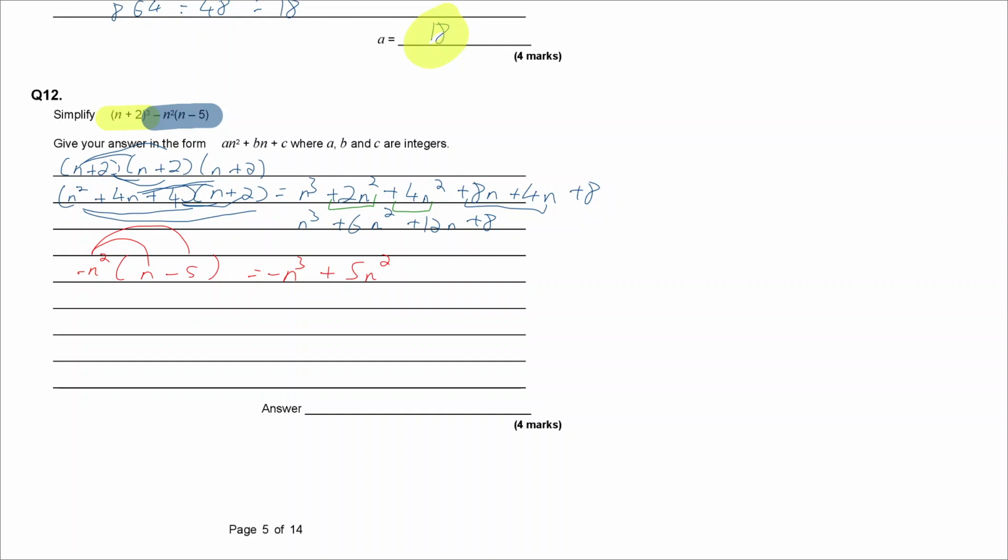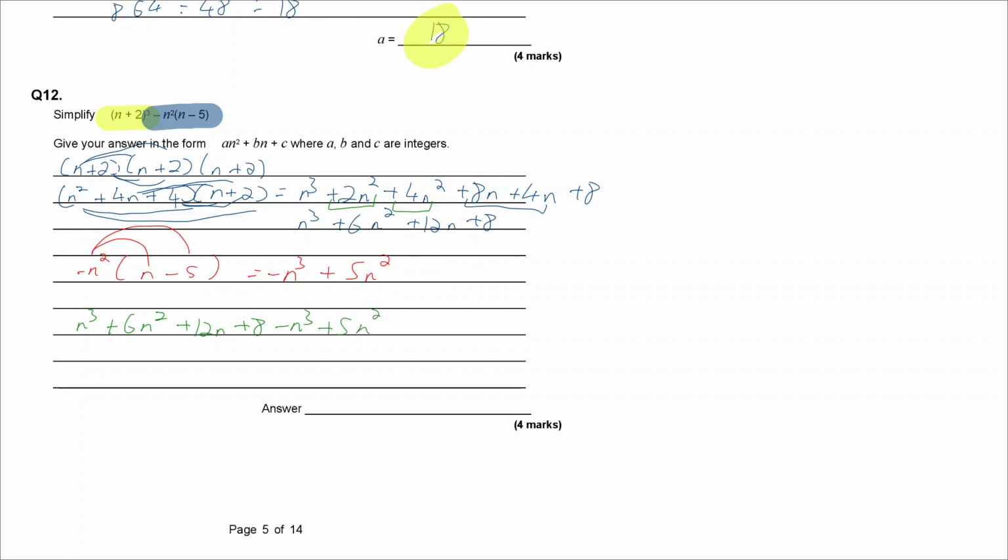So now, if I bring all of this together, including that negative, let's write it as one line. Altogether, I've got n³ plus 6n² plus 12n plus 8 minus n³ plus 5n².